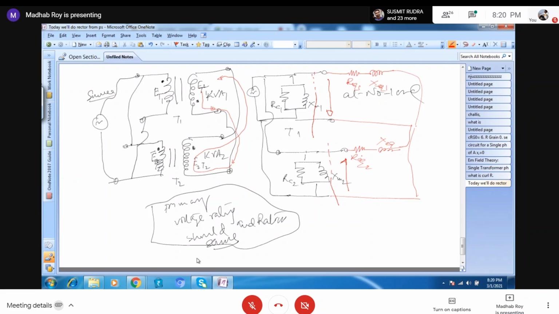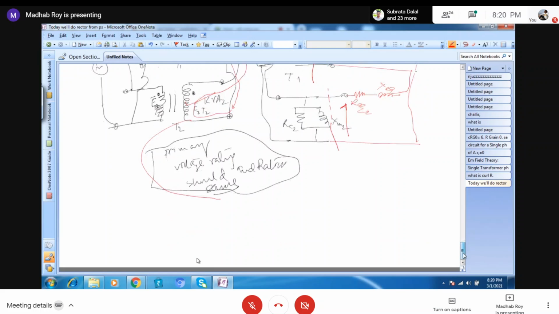these two induced EMFs and these two induced EMFs are in series here. We can write it so that you can understand.